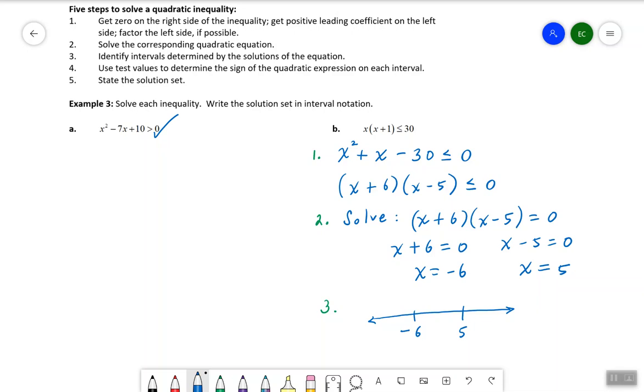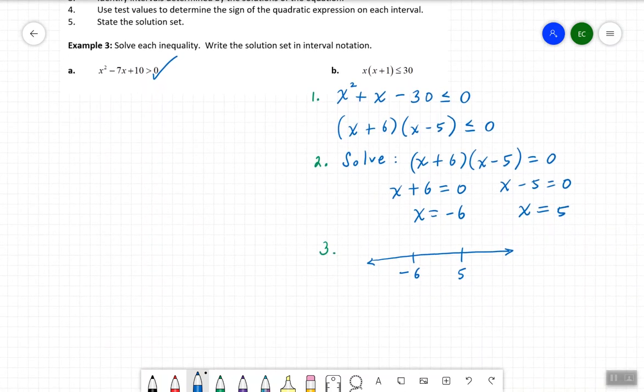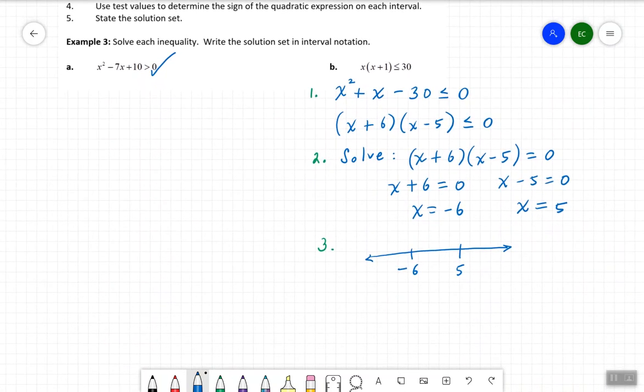And then can you see that the first interval here is going to be from -∞ to -6, and then from -6 to 5, and then 5 to infinity. I won't write that down right now because I'm going to write it down in just a moment when I get to step 4.